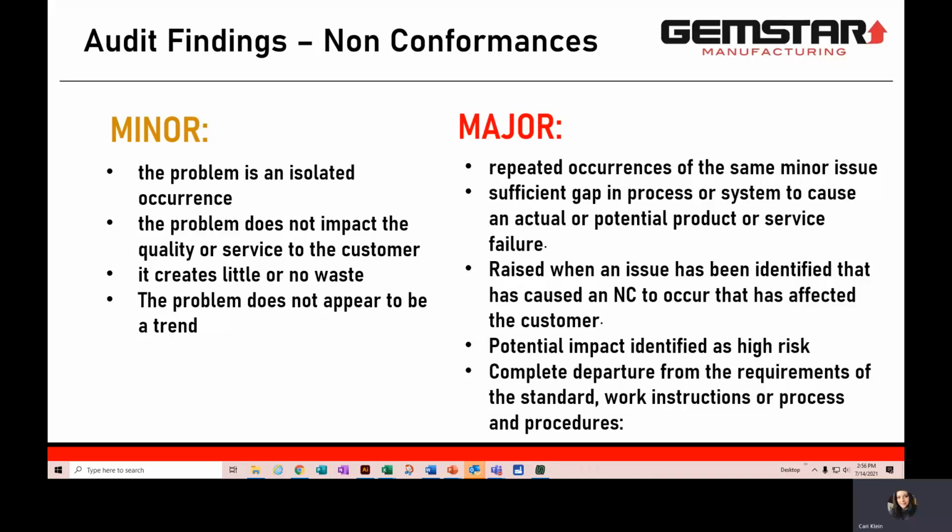It's not good, but it didn't affect the customer. A minor nonconformance could be used if something creates little or no waste. So there's another gauge for you, like with lean terminology, identifying waste. Or if the problem doesn't appear to be a trend. So that's how you tell the difference between the two of them.